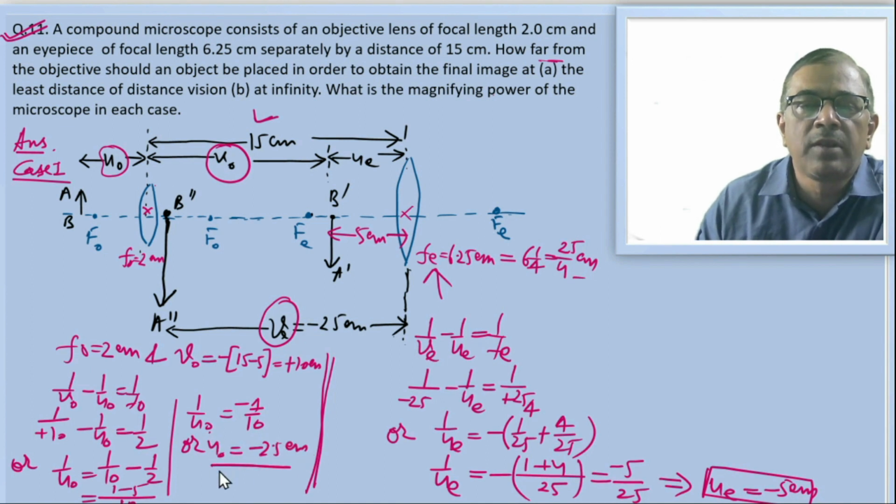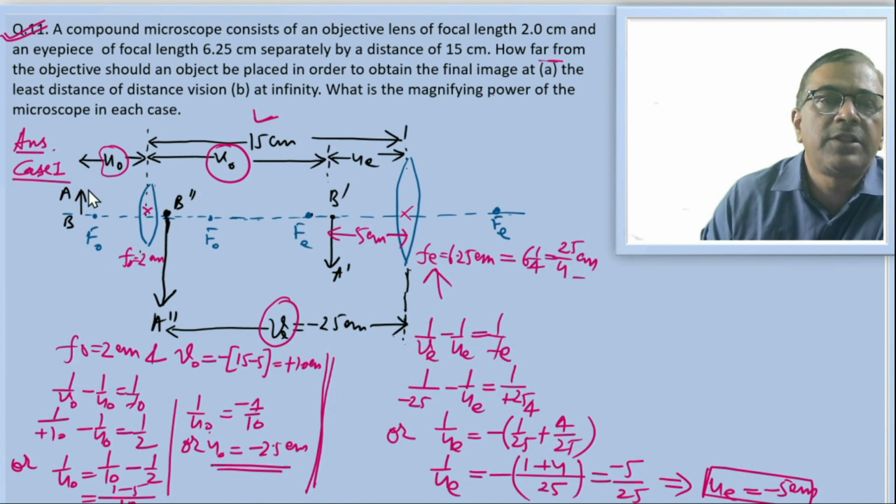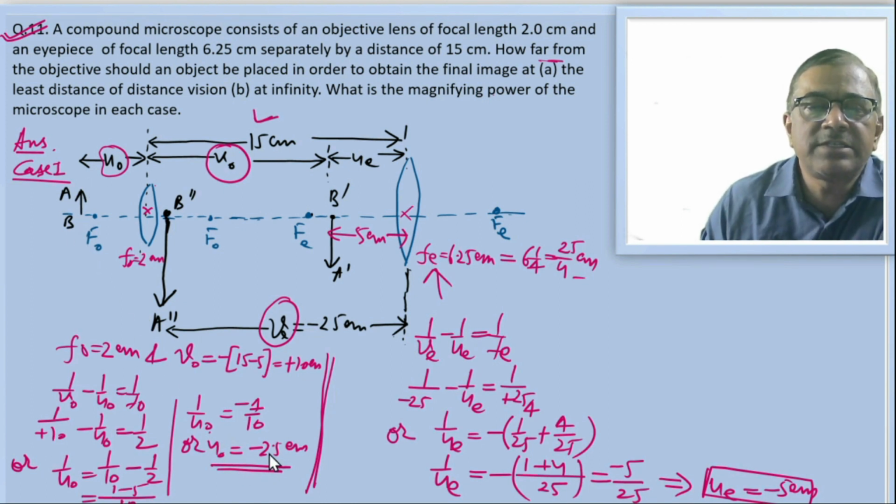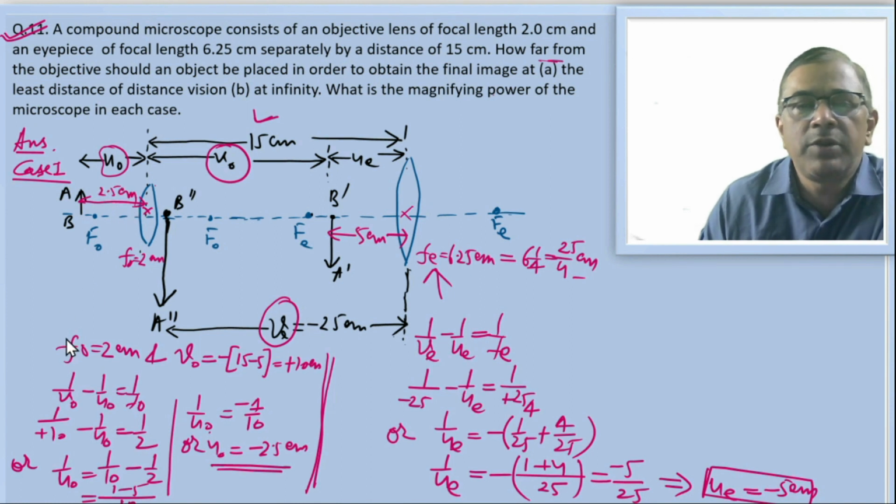Now you see, this suggests that the object should be placed at a distance 2.5 centimeter before this objective lens. Is it right? So this separation is 2.5 centimeter.